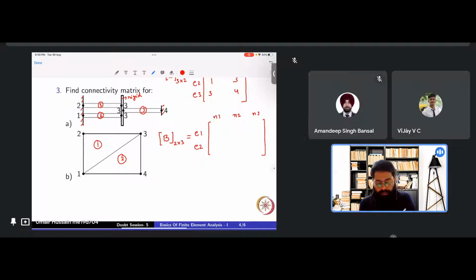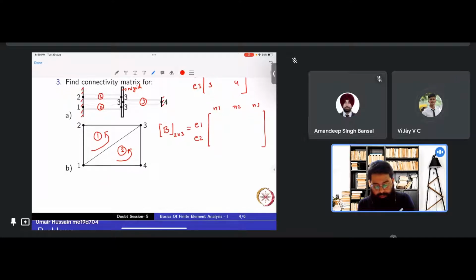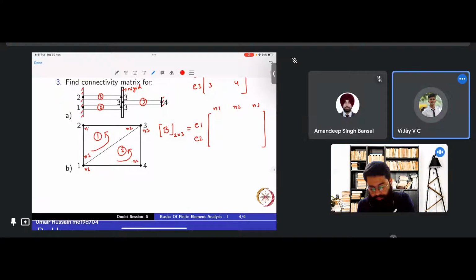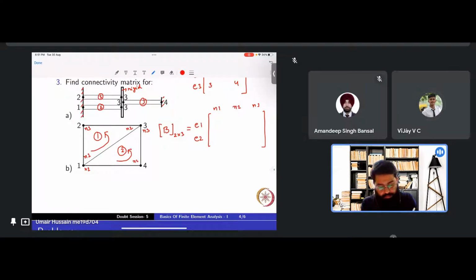We'll assign an anti-clockwise direction for each element. So in that way, we'll go as elemental node one, elemental node two, elemental node three, and for this one also one, two, three. So what should be the entry for the first row?